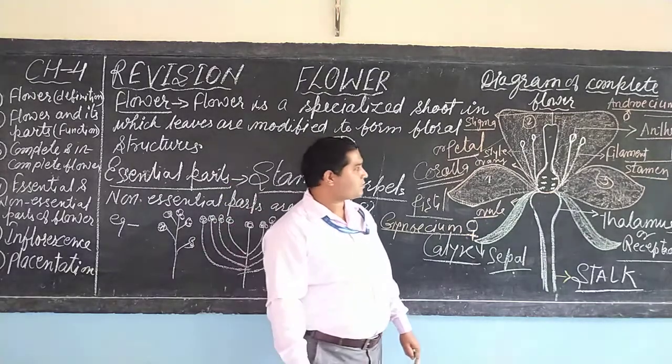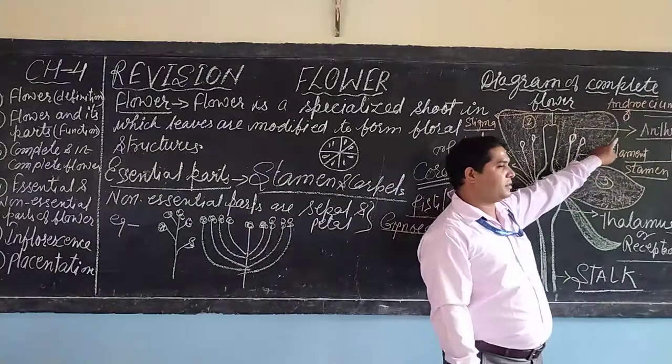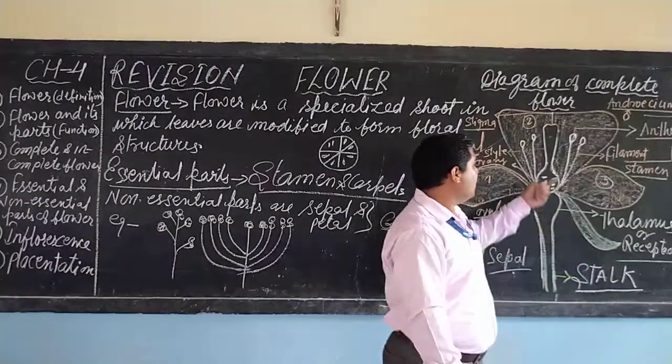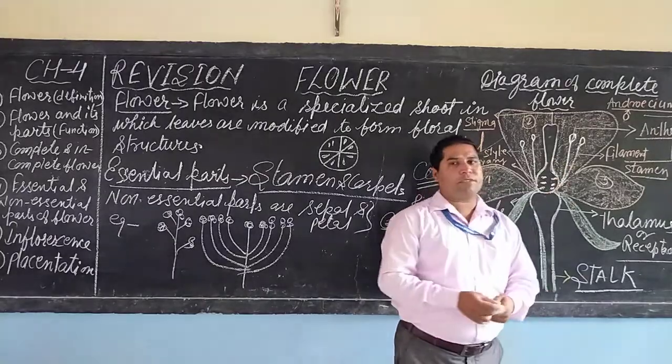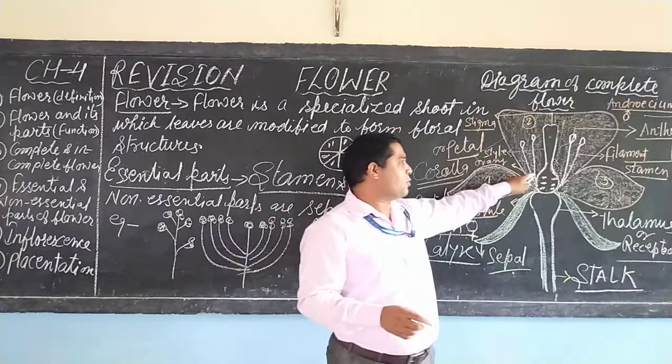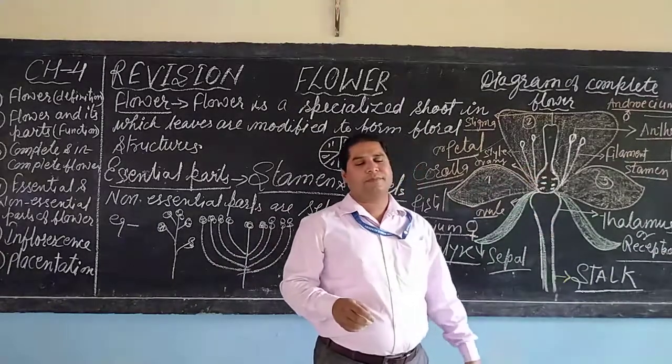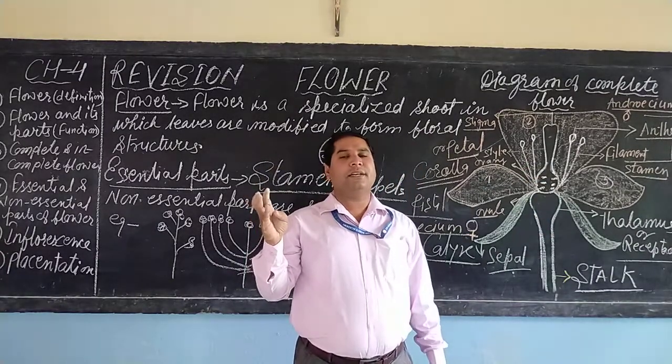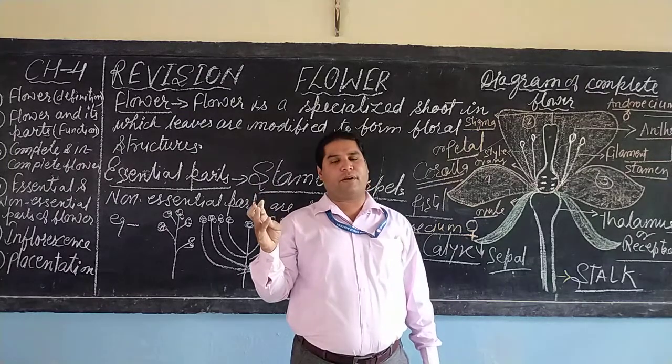Now you see in the case of the male part, about three forms are formed of the united portion of the male part: monodelphous, didelphous, and the polydelphous.